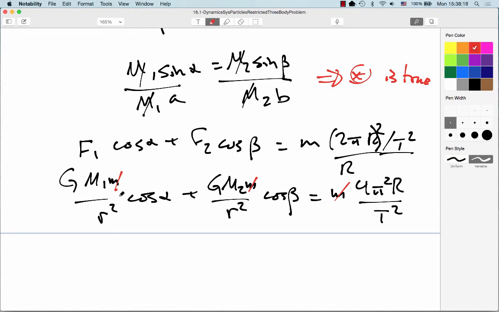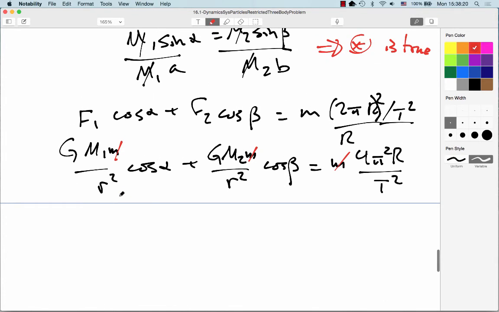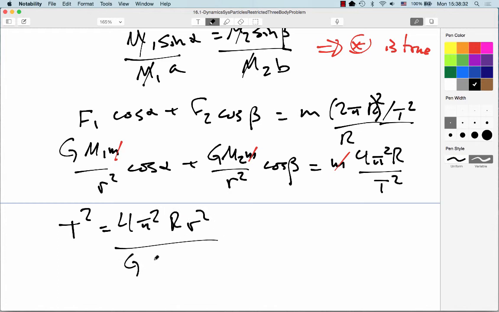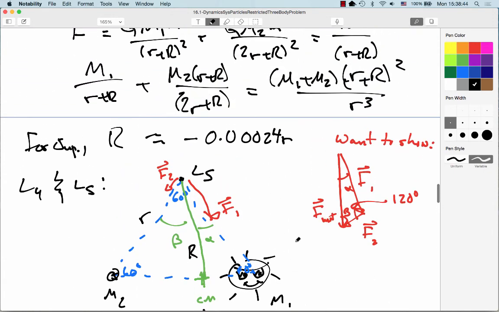All right, so I need to rearrange this for T squared. So T squared is equal to 4 pi squared r squared over G times m1 cos alpha plus m2 cos beta. Now let's meditate on this for a quick moment.